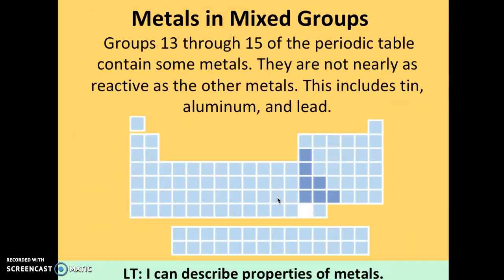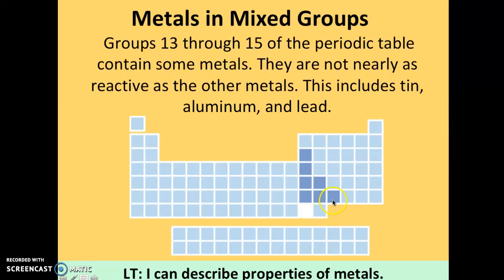All right, the next section is metals and mixed groups at the top of the next column. So groups 13 through 15 of the periodic table contain some metals. So this is right where your stair step is, your staircase is. And so some of these right here in these same groups are going to be metalloids that we've already talked about.